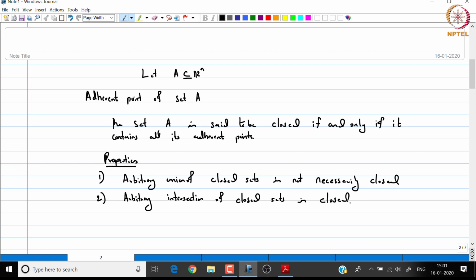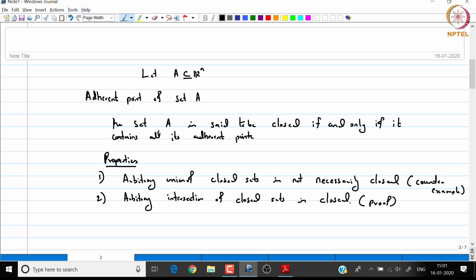So, for this you need to come up with a counter example, whereas here you will have to give a formal proof. So, we will not dwell into that.